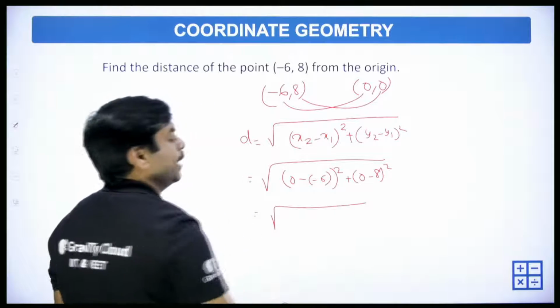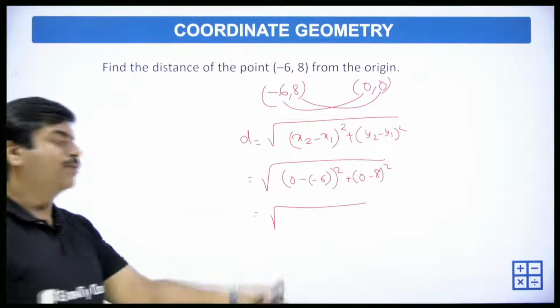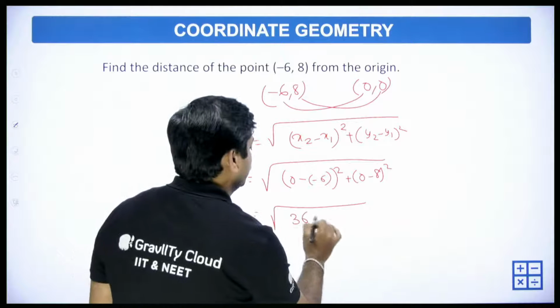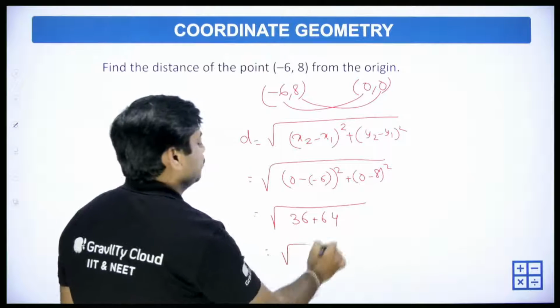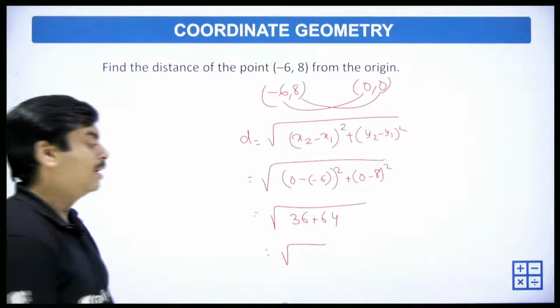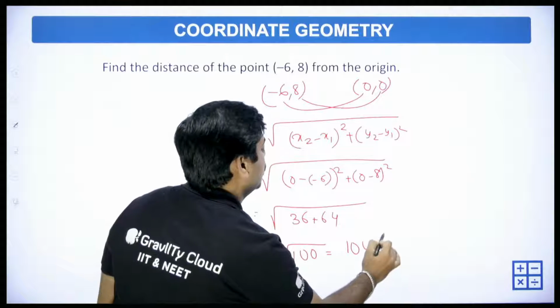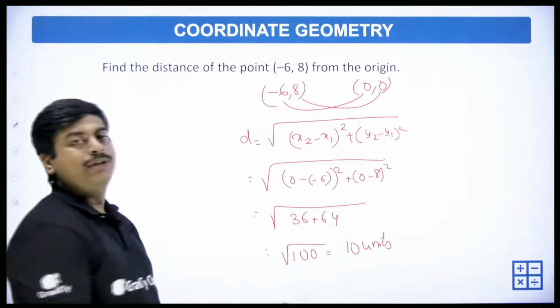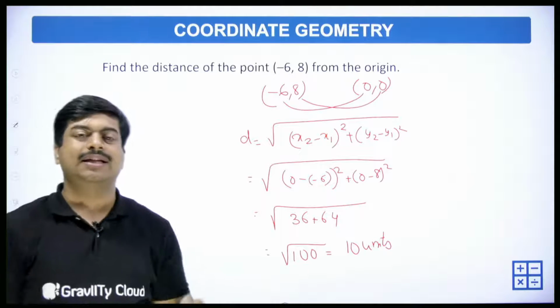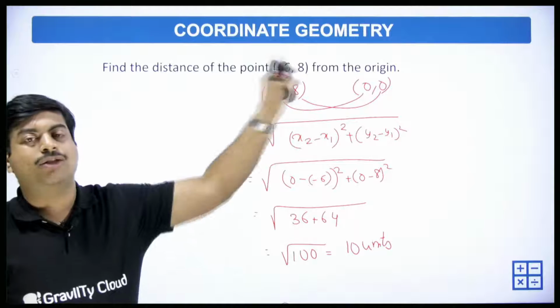So minus of minus 6 is plus 6, 6 square is 36, plus 8 square is 64. 36 plus 64 gives you 100, and root 100 is 10 units. That is how you can find the distance between the point and the origin.